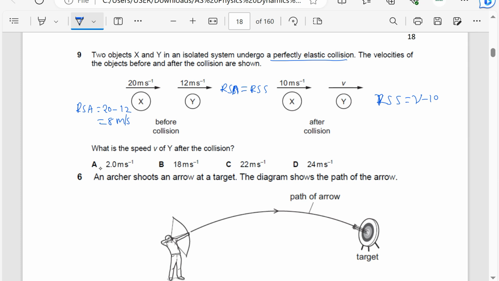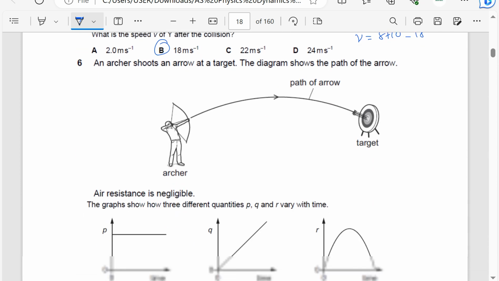These two should be equal, so 8 equals v minus 10, which means v is equal to 8 plus 10, which is 18. The relative speed of separation should be the same as the relative speed of approach, so the answer is going to be 18.